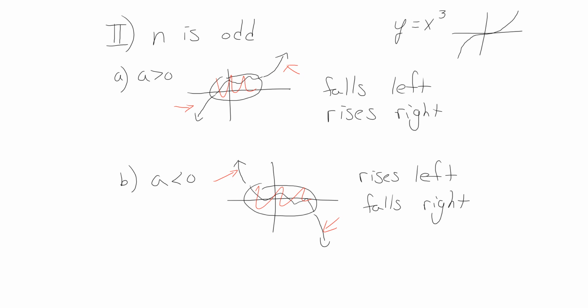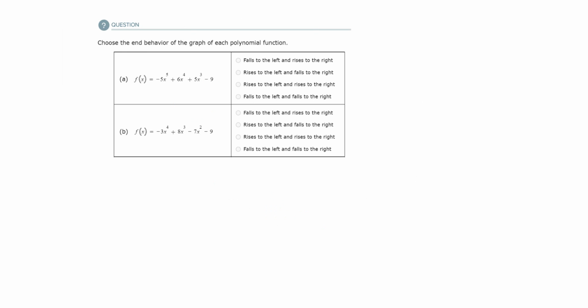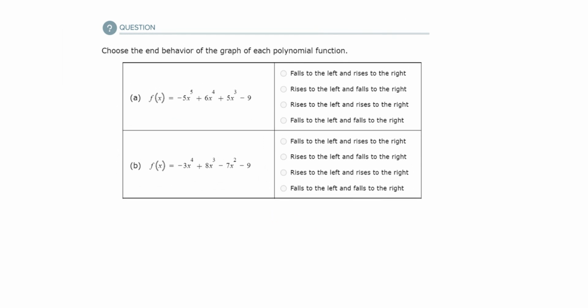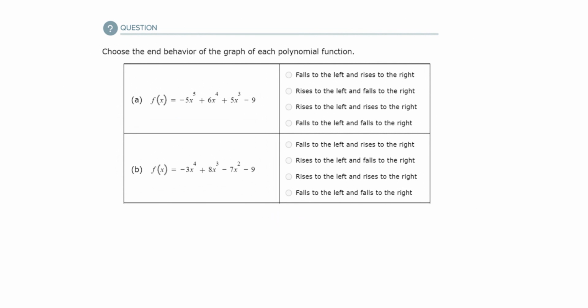All right, let's look at a couple of Aleks problems. For this first problem, all we care about is the highest degree term, which I think they usually put in front, but just be careful, just in case they change it up on you.